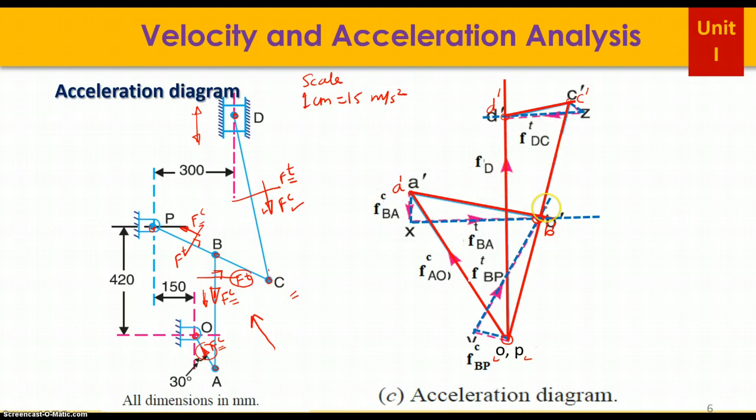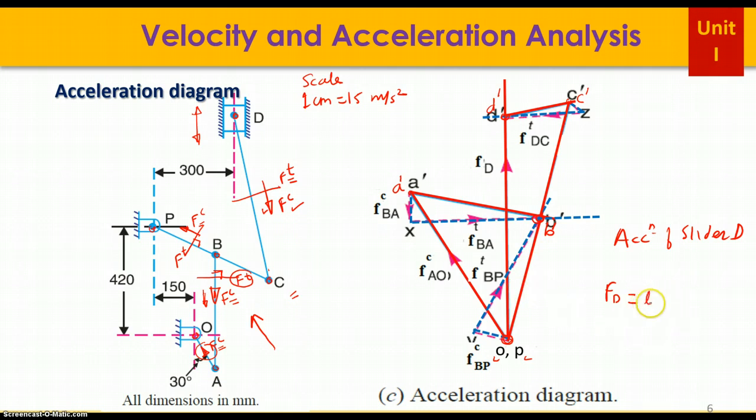Now what you want to find? You have to find acceleration of slider, and that is Fd is equal to, you know vector, this is D dash, this is O. Measure the length in this acceleration diagram.